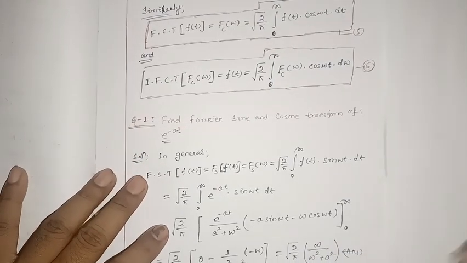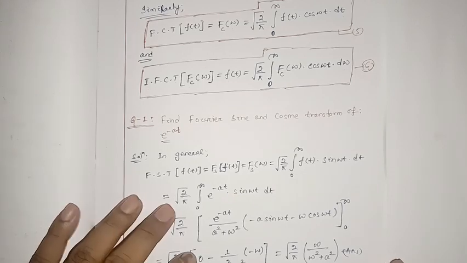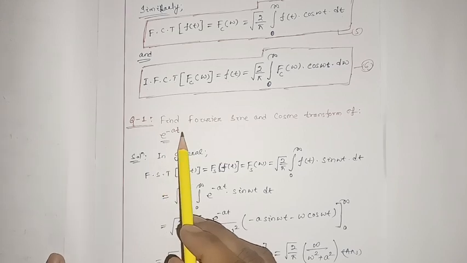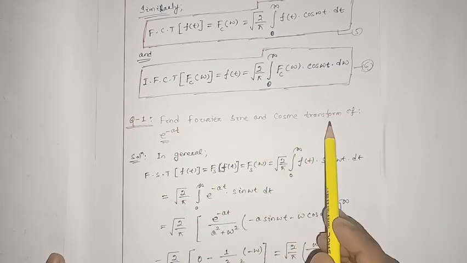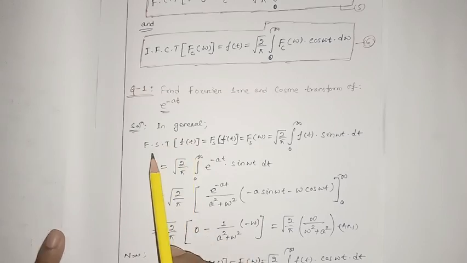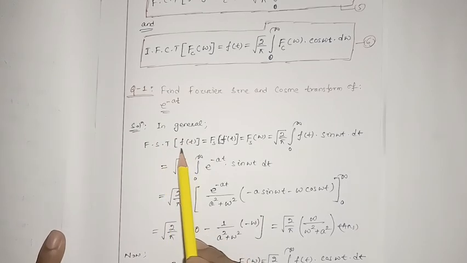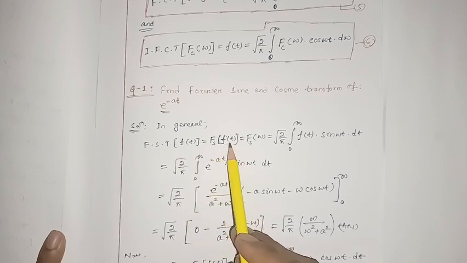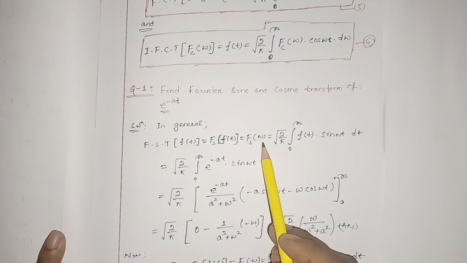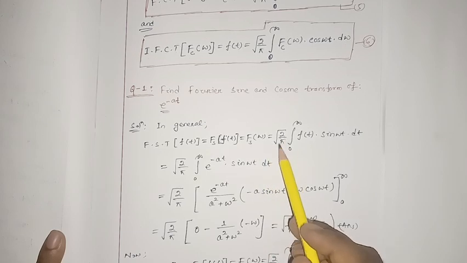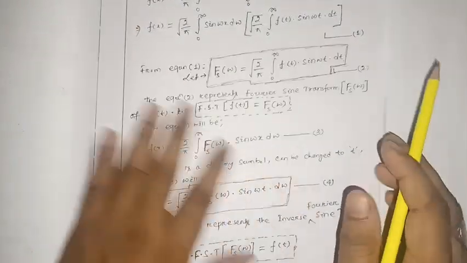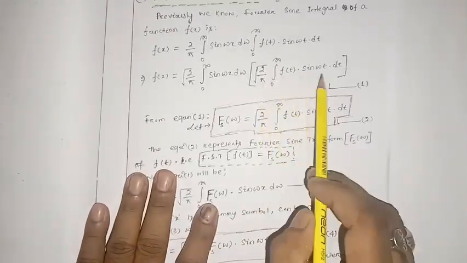Now we are going to go for the corresponding numericals. So the given function is e to the power minus at. We have to find the Fourier sine and cosine transform. In general, the Fourier sine transform of a function f of t, which is written as fs of f of t or fs omega, is equal to root over 2 by pi, 0 to infinity f of t sine omega t dt, what we have discussed over here.